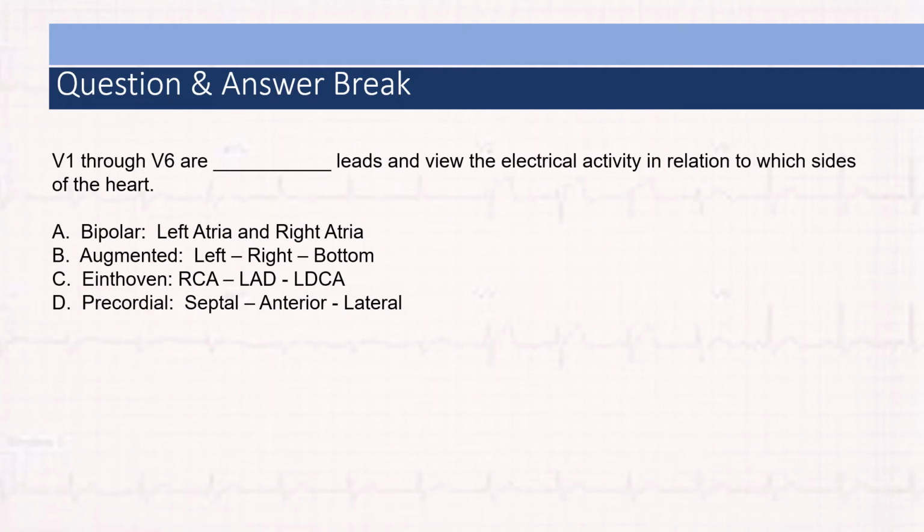C, Eindhoven, RCA, LAD, LCX. D, precordial, septal, anterior, lateral. The answer is precordial: septal, anterior, lateral.